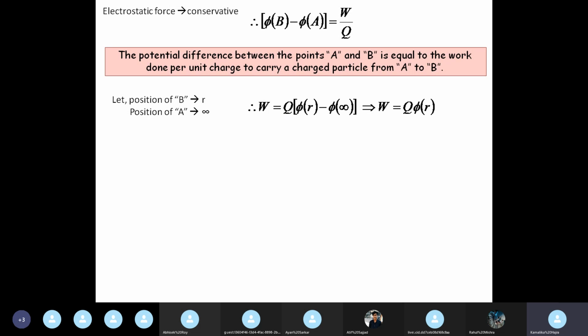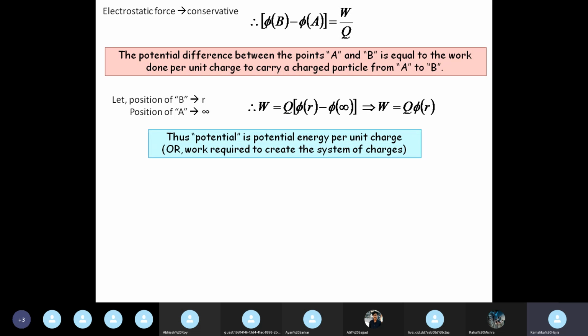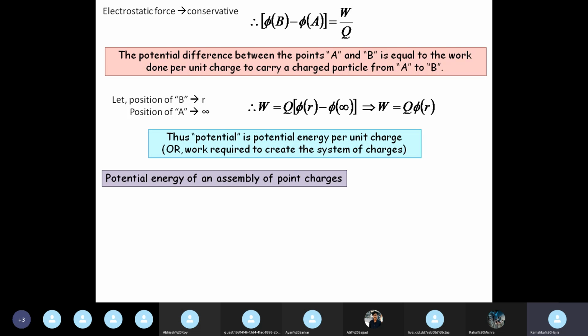So we are left with W equal to Q into phi. Thus, potential is potential energy per unit charge, or the work done is the work required to create a system of charges.